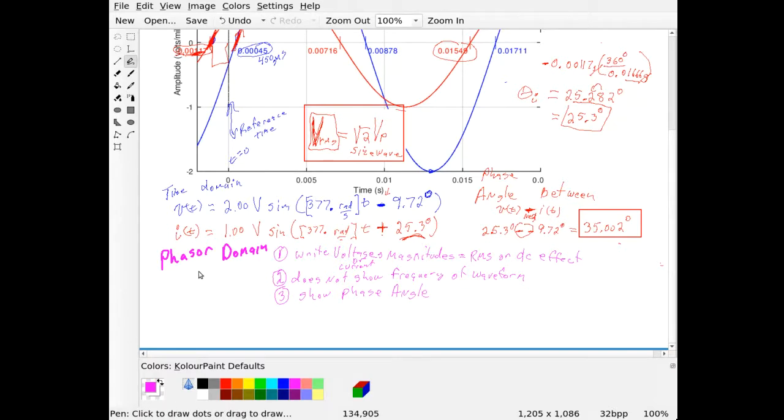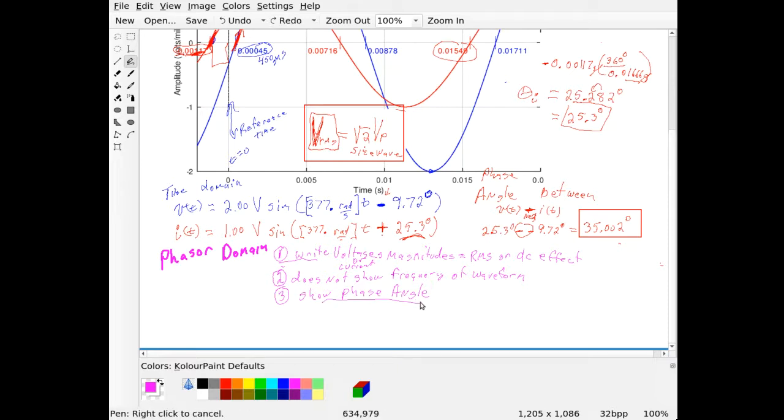So when we're doing the phasor domain, we have 3 points here. Number one, we want to write the voltages in terms of their RMS, which is their DC effective value. We're going to pretty much ignore the frequency, but we do keep the phase angle, because it's a phasor.